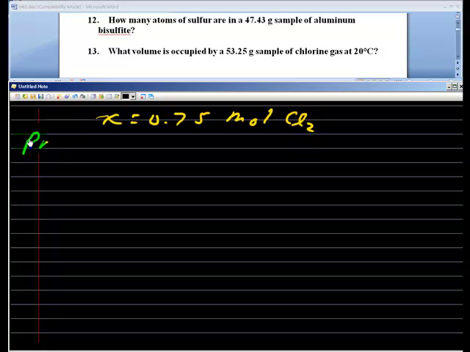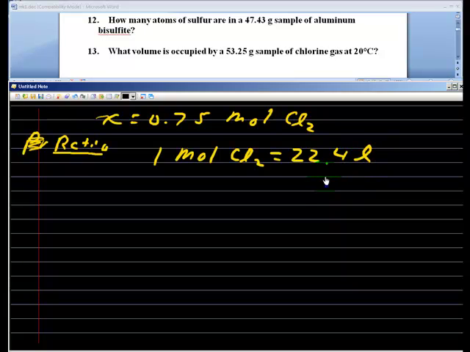We got to build a new ratio. What would that ratio be? Well, the ratio is going to be that 1 mole of Cl2 is going to occupy 22.4 liters. That is a unit ratio.